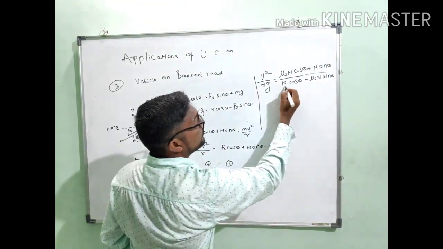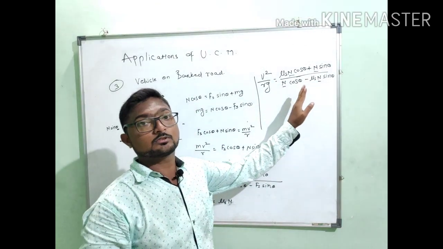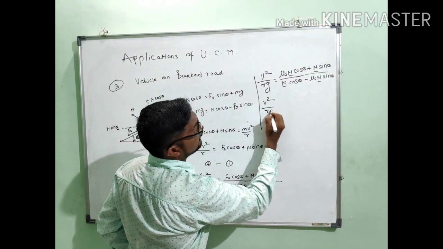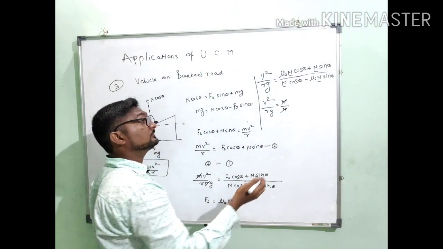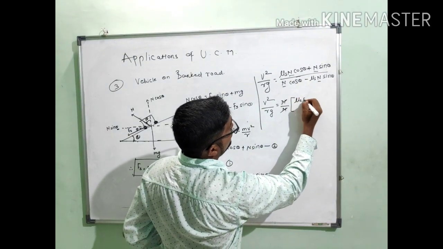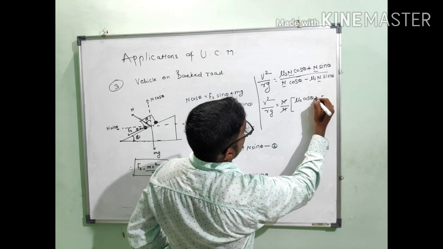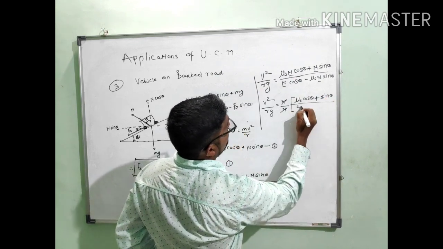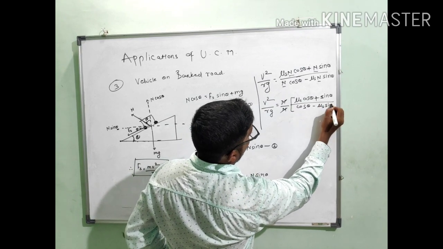Let us see, all over there is N. So we can take N common and cancel out, N by N cancelling out. What remains inside? Mu s cos theta plus sin theta upon cos theta minus mu s sin theta.